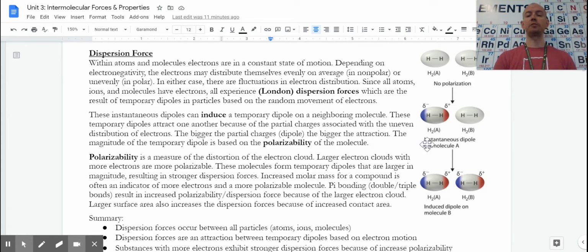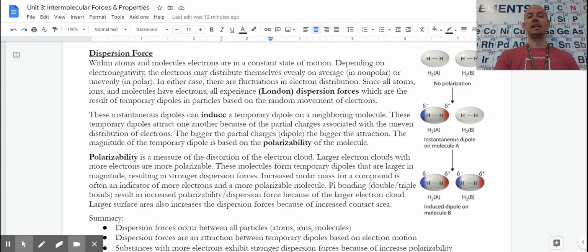If, as in this picture, the electrons are a little bit closer to the hydrogen on the left, that hydrogen would be temporarily partially negative. That's an instantaneous temporary dipole. The electron cloud being pulled more this way would mean that the other hydrogen's nucleus is a little bit bare, making it partially positive. So then I have a small, temporary, instantaneous dipole on my hydrogen molecule.